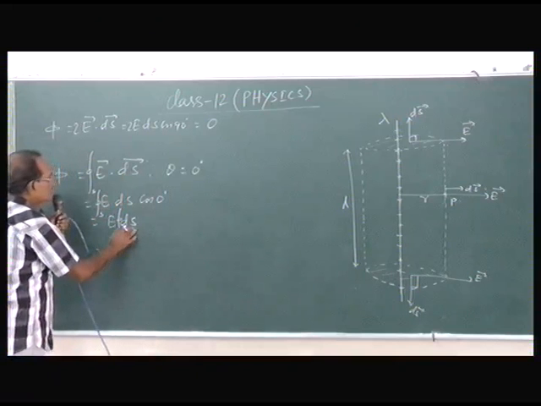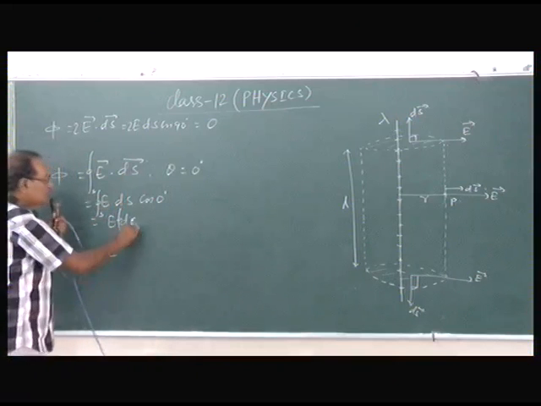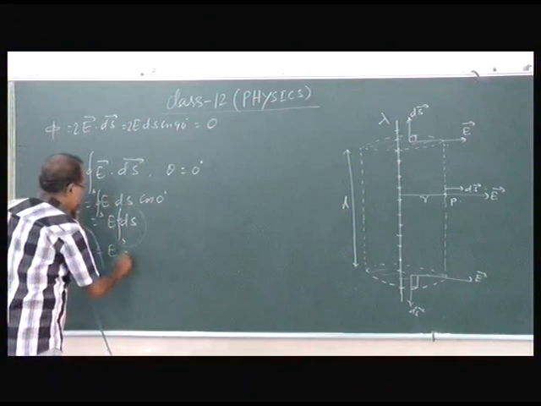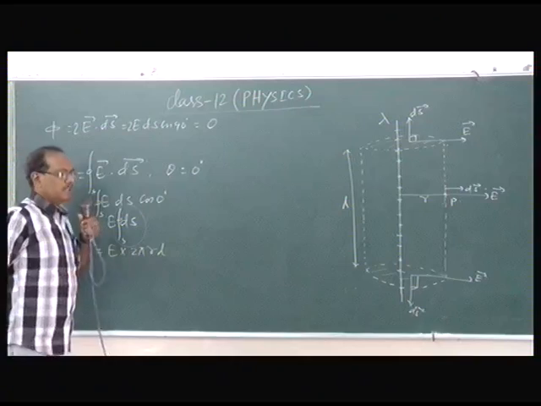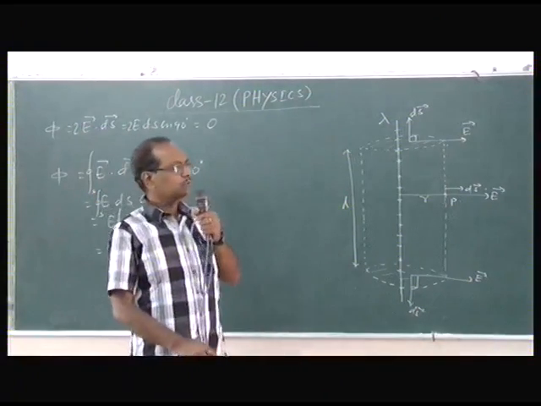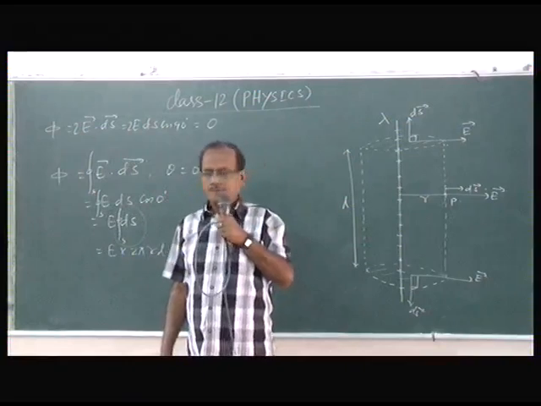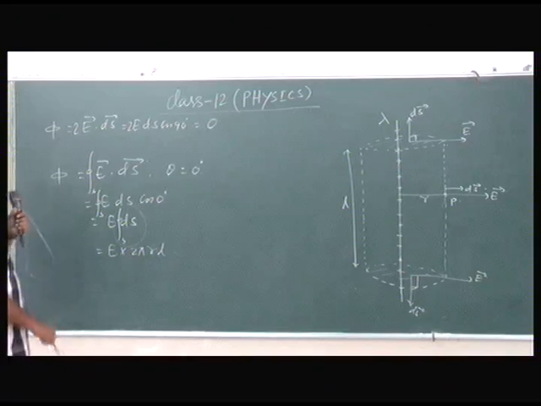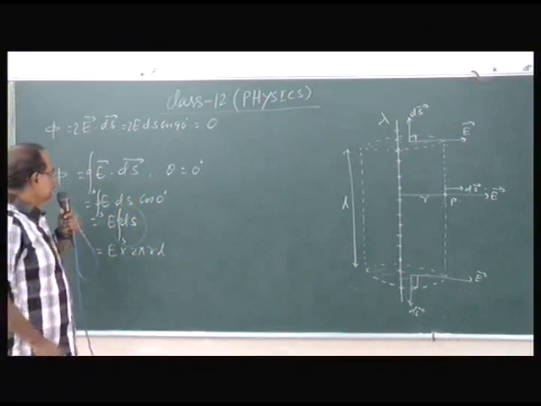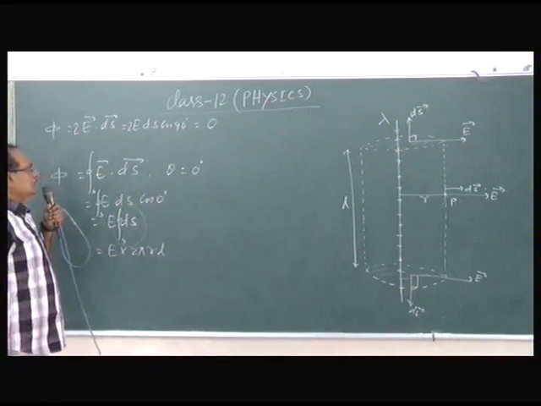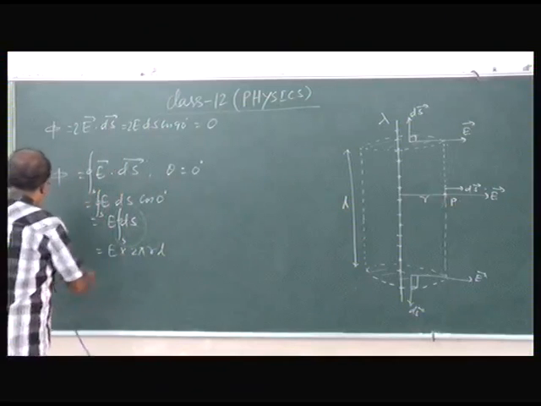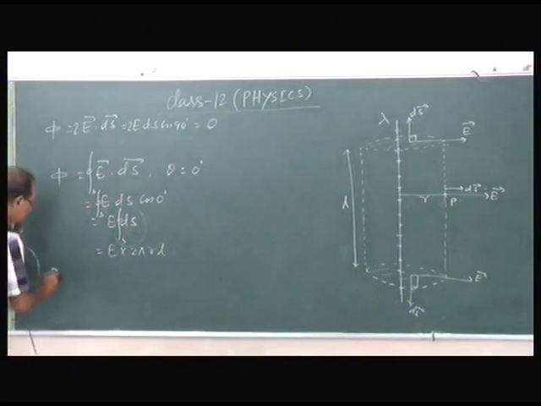So this will be E times the total curved surface area, which is 2 pi r L. Now the next part is the total charge enclosed by the Gaussian surface.